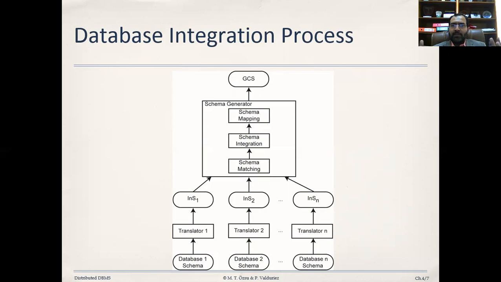Obviously there are certain specifications, certain parameters or characteristics in which these representations are there. So when you match them, you have to make sure whether they are the same or not, because basically you want to develop the GCS definition. So the first step is matching.